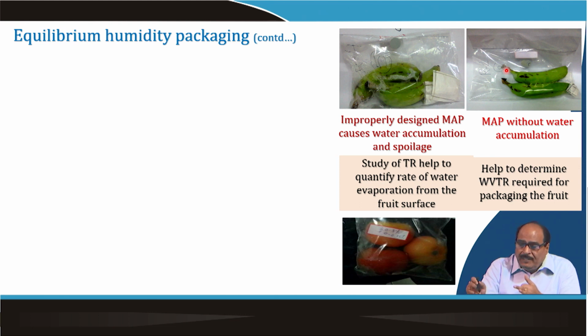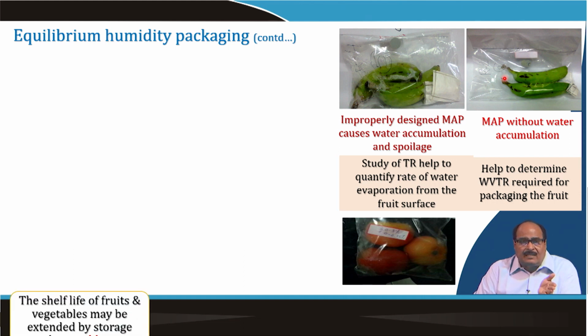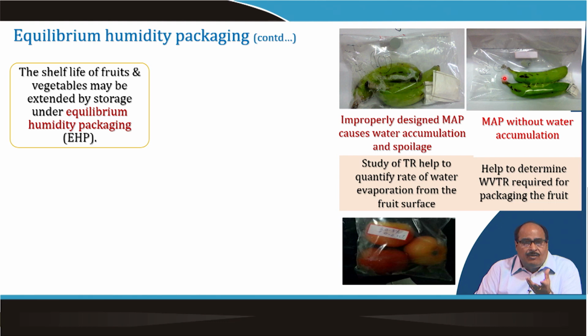That is, depending upon the particular fruit, one can calculate what will be the WVTR requirement in the film that is used for MAP, and therefore what scavengers or scrubbers, etc., are required in the active modified atmosphere. That can be calculated and used, as we discussed in the earlier classes.